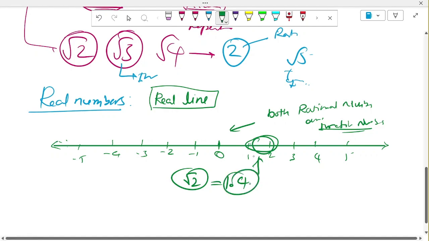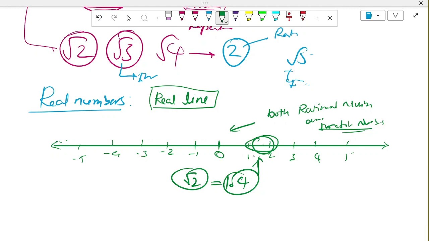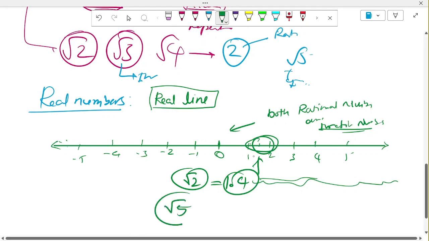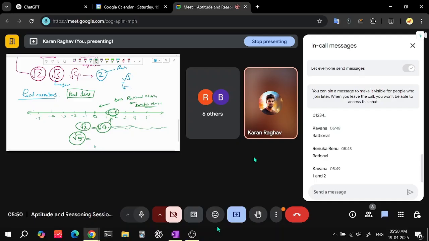But you cannot say exactly where it is located because this is an irrational number. Actually, you can exactly pinpoint it on the real number line, but you cannot write it in decimal points. In the same way, can you tell me where root 5 will be located?